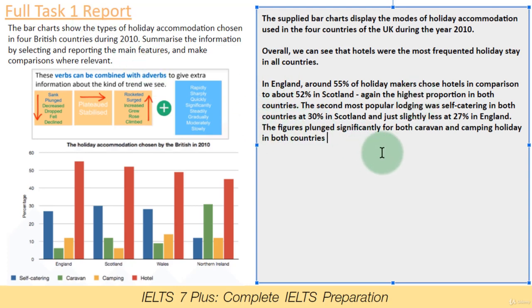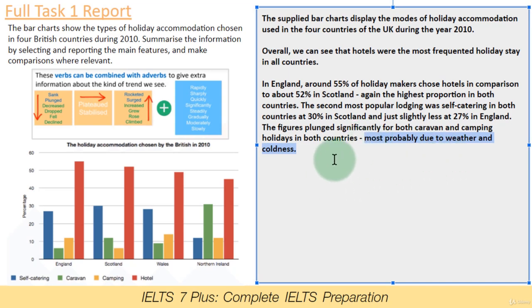The figures plunge significantly for both caravan and camping holidays, plural of course, in both countries, most probably due to weather and coldness. Not great English, but it proves a point. So what is wrong with this sentence here?